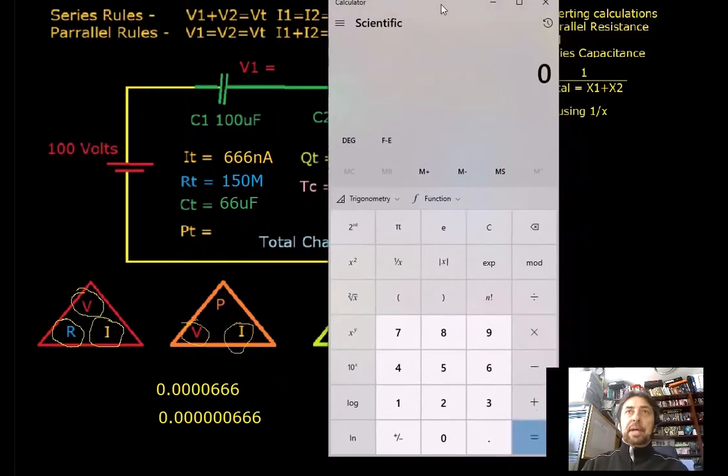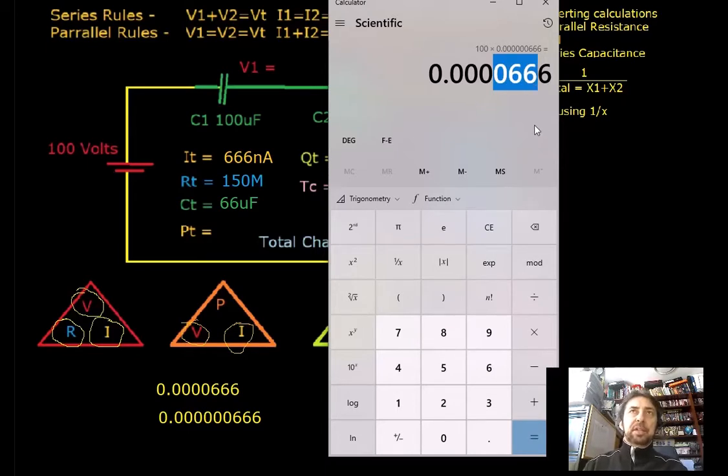According to our calculations here, we've got the total amount of current and the total voltage. So it is 100 volts multiplied by 666 exponential. Now it's in the nano range, so it's -9. And that equals that. So what have we got? 1, 2, 3, 4, 5, 6. So in this range over here, it's in the micro range.